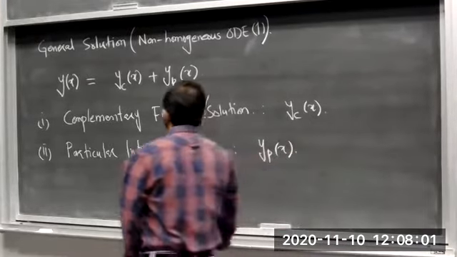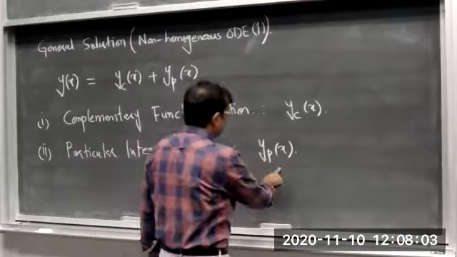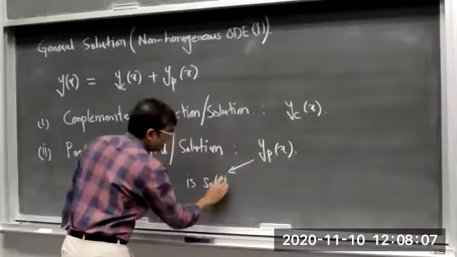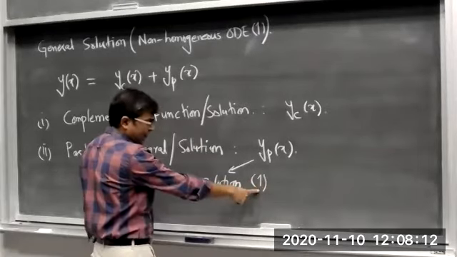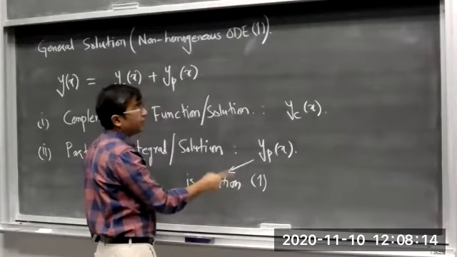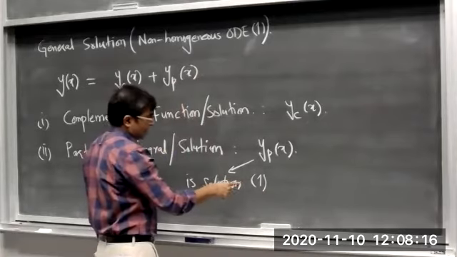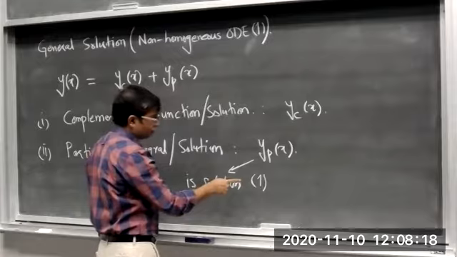yp is a solution of 1. 1 is the non-homogeneous differential equation with constant coefficients.